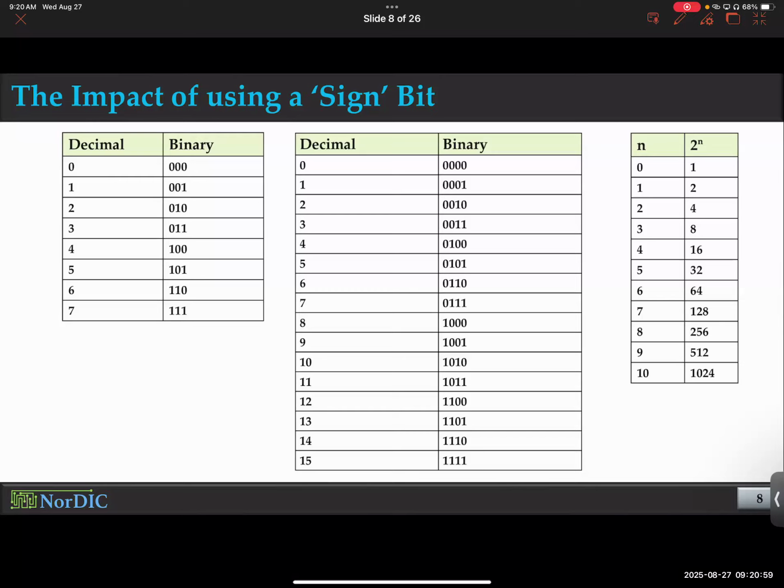Who cares? I wanted to have this slide to show you how one digit could impact the overall capability of your hardware. So with 4 digits, you can have 16 different combinations, as you know, right? This is the list. I wanted to have the list here. And with 3 digits, you can have 8 different combinations.